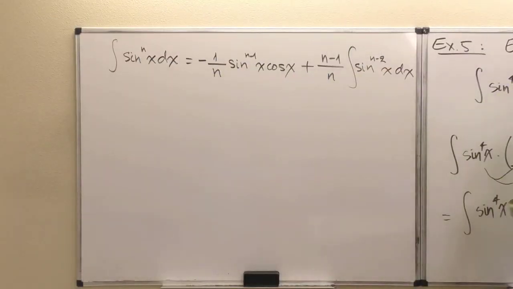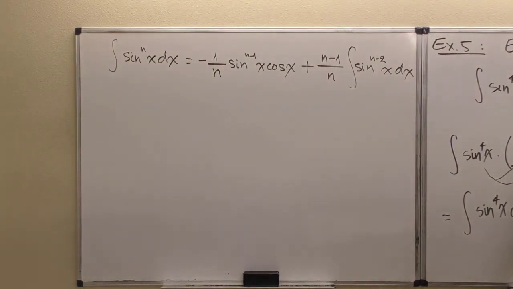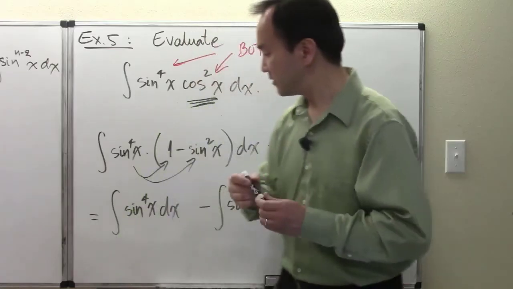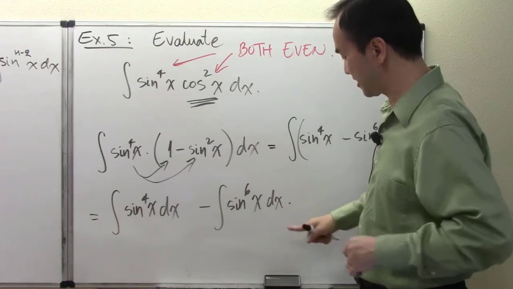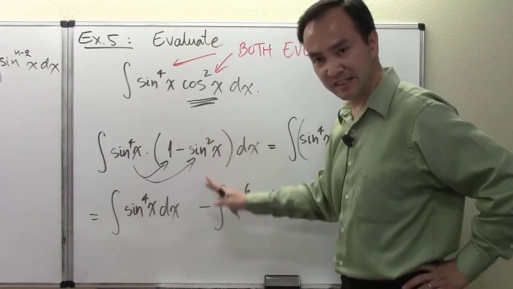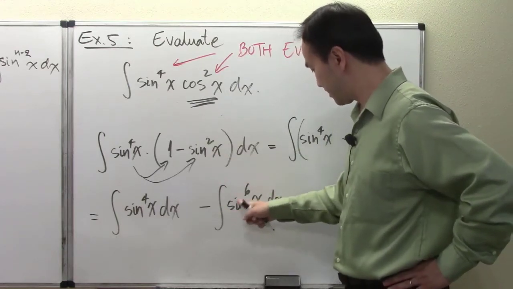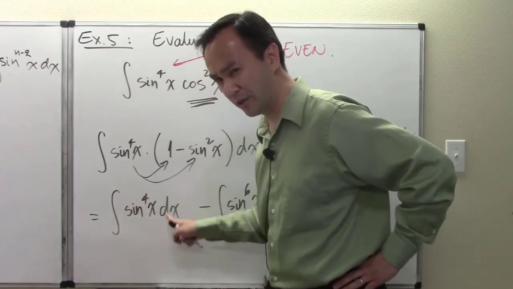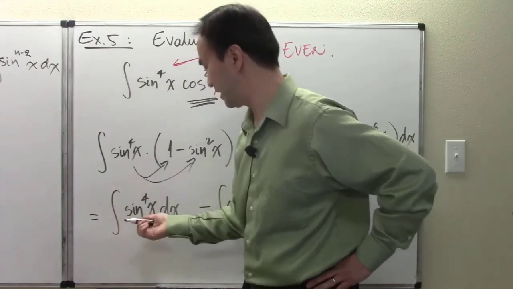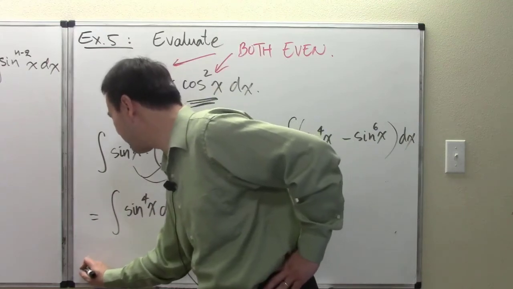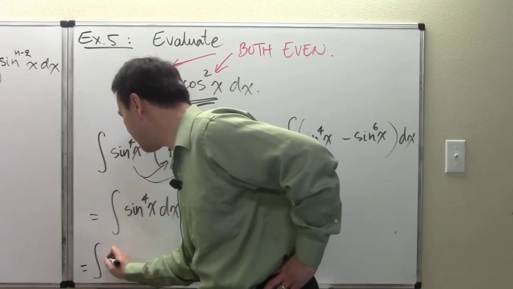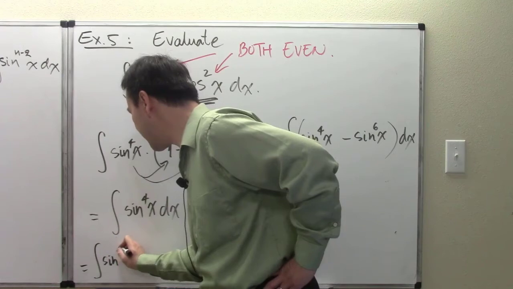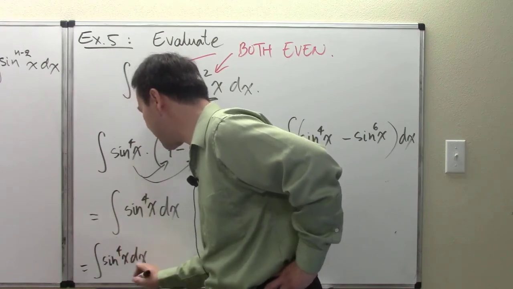All right, so now back on my first board, I am going to apply that reduction formula for sine on that term. I am going to purposely leave this hanging there, so the integral of sine to the 4th of x for now remains the same.